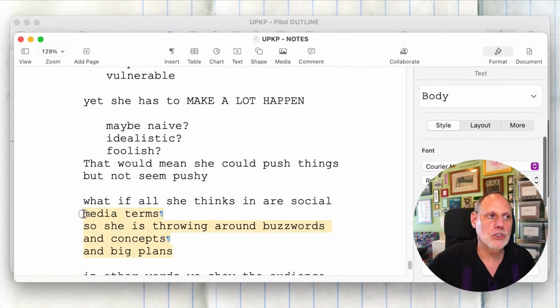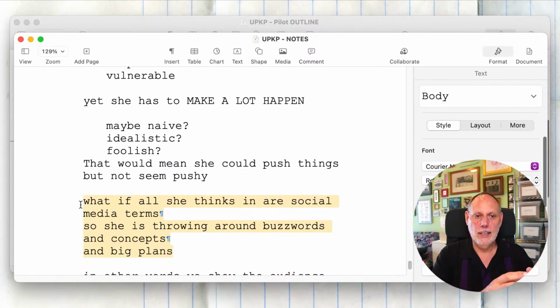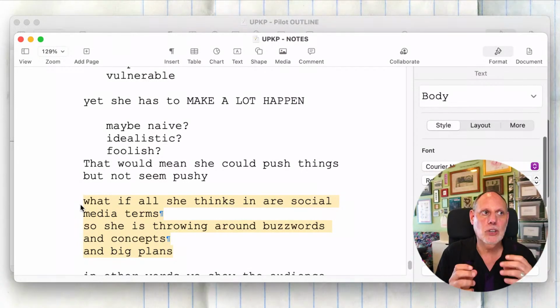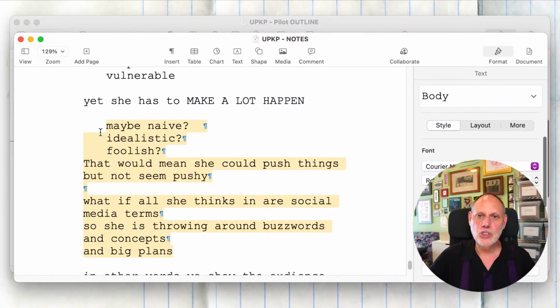And then I thought, because her character is going to be a person who desperately wants to be an influencer, wants to be famous online, that would be her ideals. That would be her idealisticness, would be social media buzzwords, social media concepts, ideas about reach and influence and all that stuff. So that sort of clicked with me.